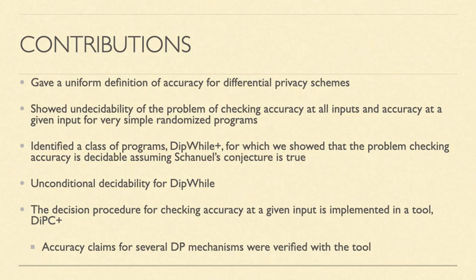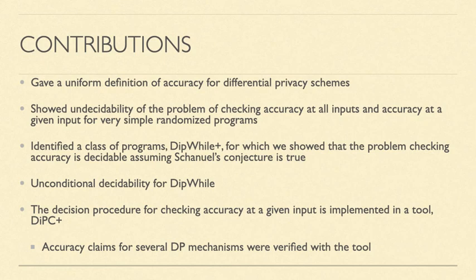Diff-while plus extends diff-while from our LICS paper by allowing real input and real output variables. We also showed that accuracy is decidable for diff-while programs without assuming Schanuel's conjecture, so essentially programs that have only finite domain input variables and finite domain output variables.